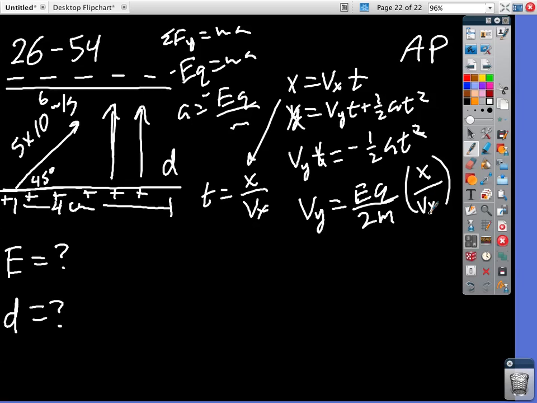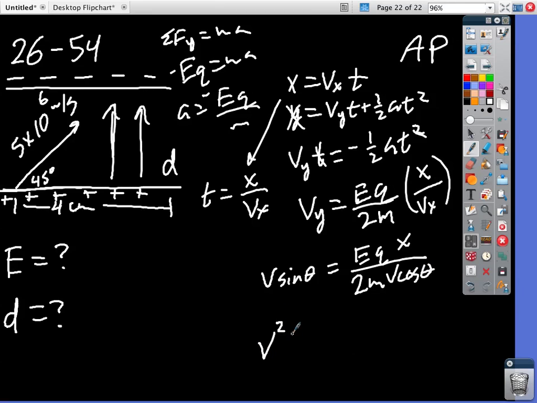Oh yeah, I actually got reasonably far yesterday. So Vy is V sine theta, and then that's going to be EQX over 2M V cos theta. So then I get V squared 2 sine theta cos theta M equals EQX.